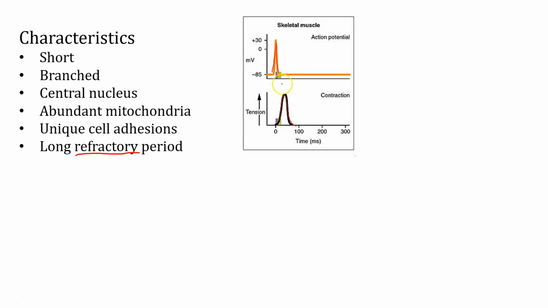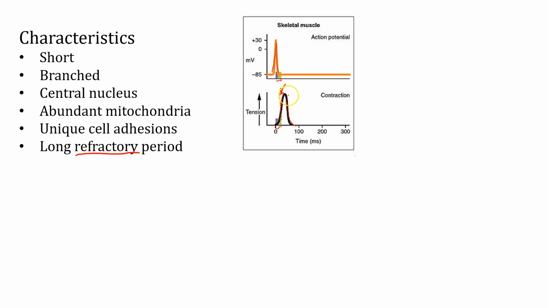But by the time the contraction gets underway, it's already past the refractory period. The refractory period is shown here in this graph, right here. So even before this muscle has contracted, we could hit it with another impulse.